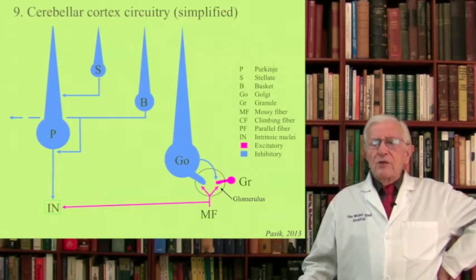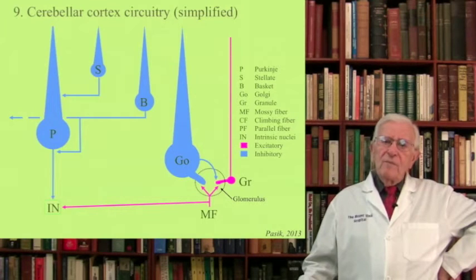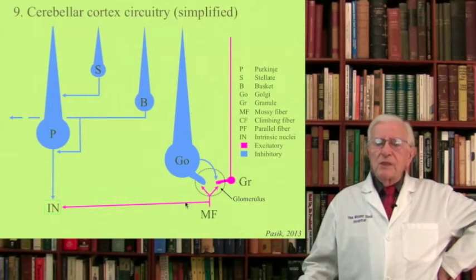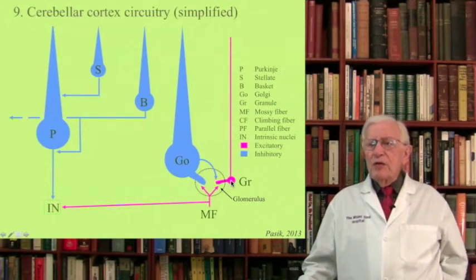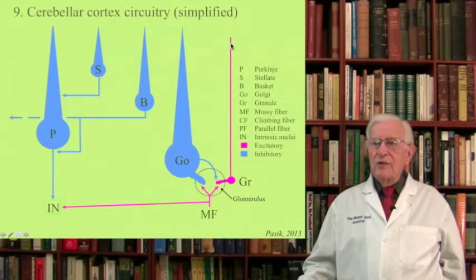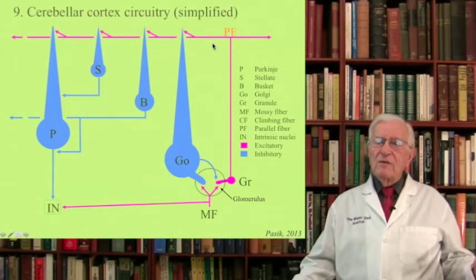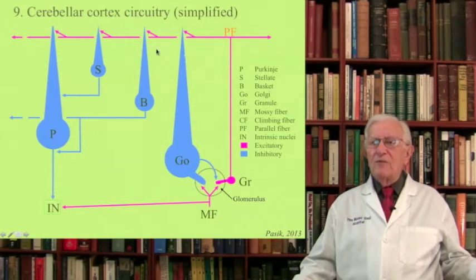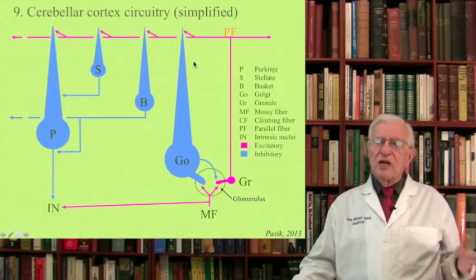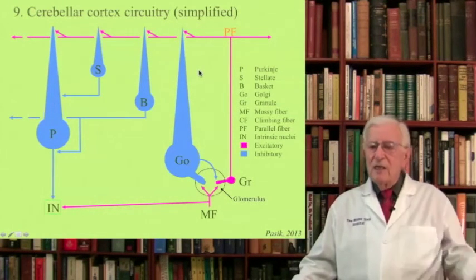All right, so now let's put the axon of the granule cell. I said that the axon of the granule cell goes up to the molecular layer, splits in two, and travels, forming what is called the parallel fiber system, and whenever it touches the dendrite of any other cell, it excites it.